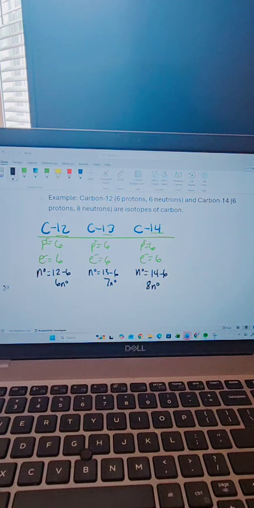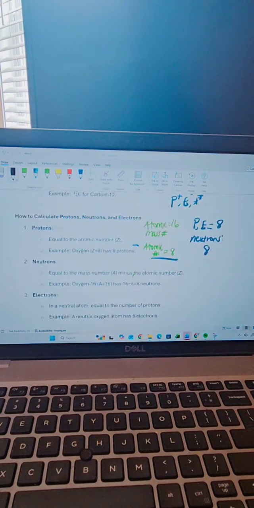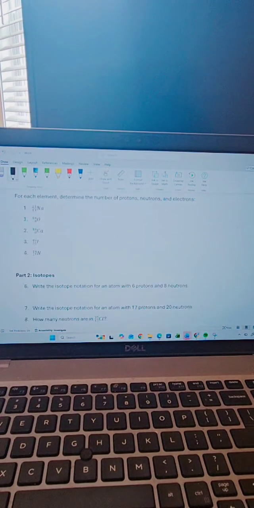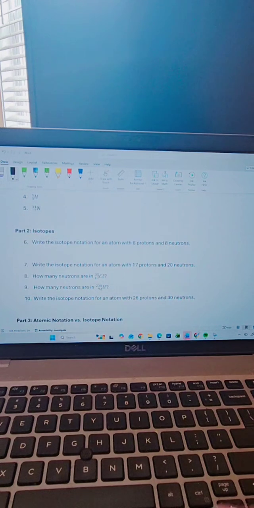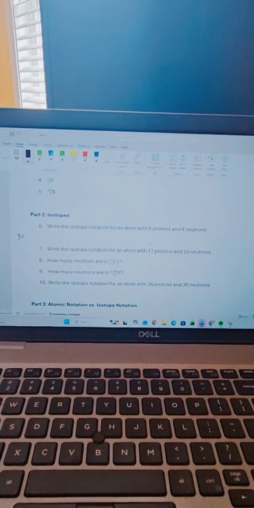All right, let me see if I can find you a good example. Right here, let's take a look at isotope notation, which is right here under part 2.